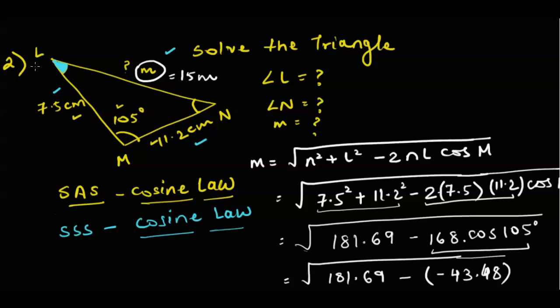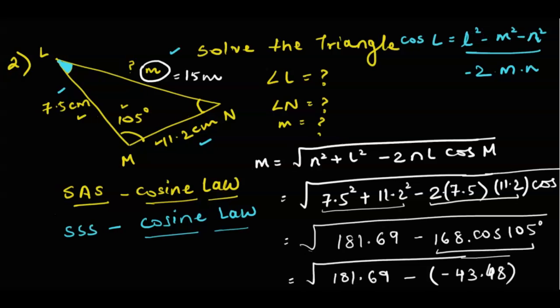We know the unknown angle is L. So the formula that would be used is cosine L equal to L square minus M square minus N square divided by minus 2 times M times N. This would give us the cosine L value. Once we get the cosine L value, we can isolate the angle L by taking cosine inverse of this entire thing.